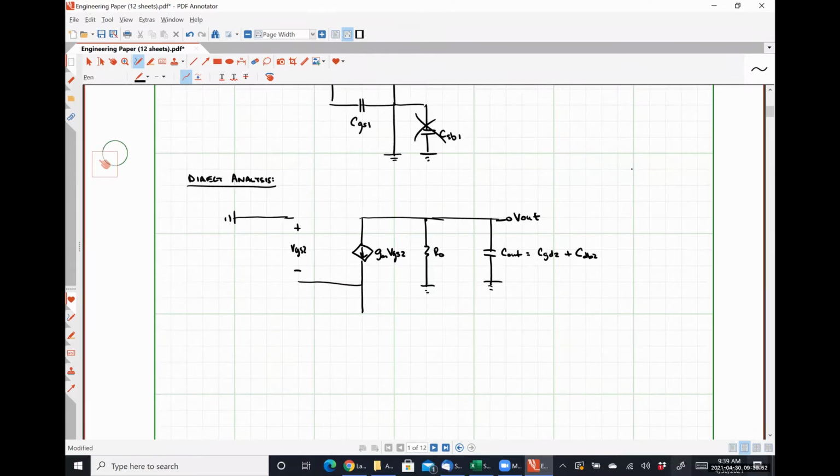Then I have to deal with my lower transistor. GM1, VGS1. I'm going to call this capacitance CY, where CY is CDB1 plus CSB2 plus CGS2.